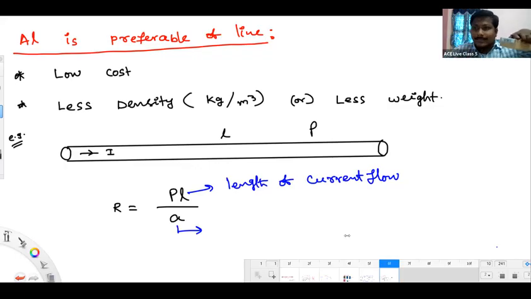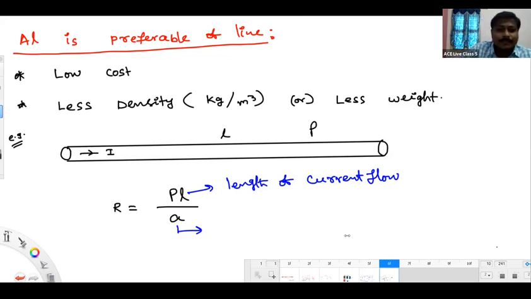And what is that area? Area measured perpendicular to the direction of the current flow. That we have to consider in the denominator. This point should be very, very clear while you are calculating the resistance of a conductor. So I think all of you got this point. Is it okay for all?